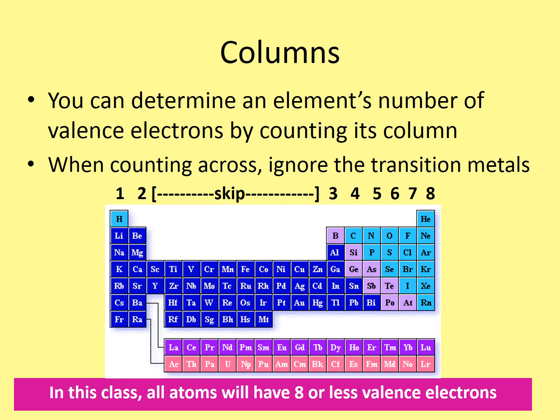So, anytime that I ask you how many valence electrons this thing has, you are always going to tell me a number between 1 and 8. You will never tell me a number bigger than 8 for the total number of valence electrons. Remember, we're not doing electrons today. We're doing valence electrons specifically.